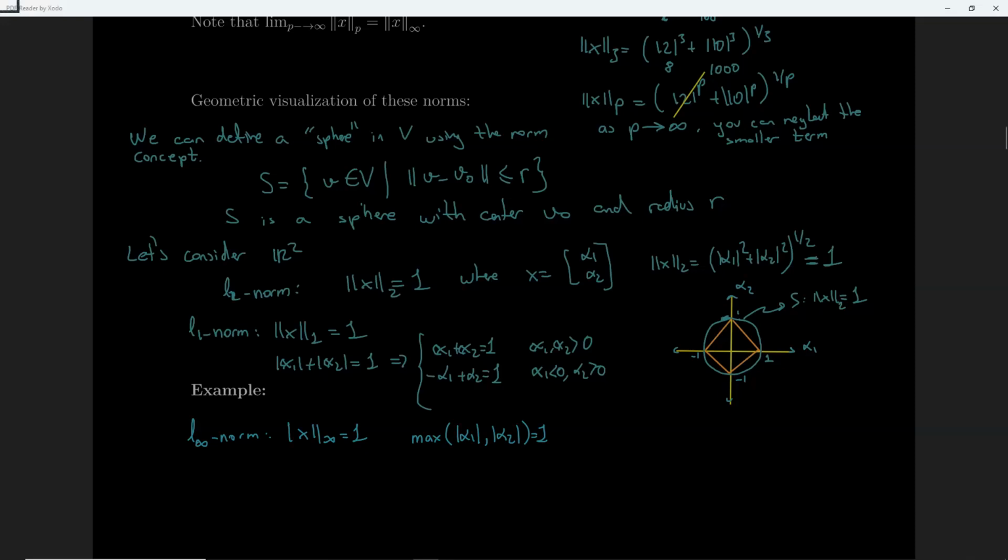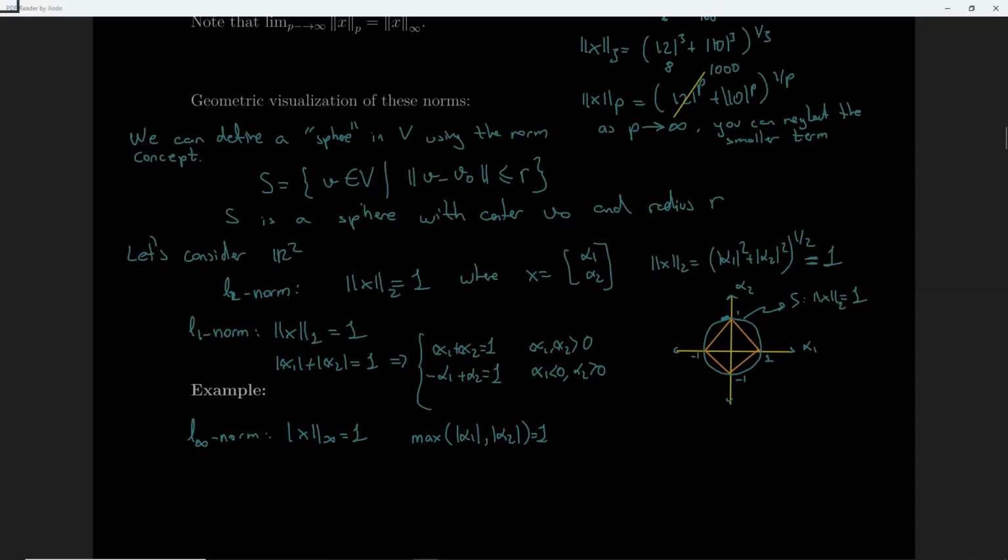So this is satisfied when either alpha 1 or alpha 2, one of them, is equal to plus or minus 1, and the other value is changing between plus and minus 1. Okay, so then this maximum value is going to be 1. So I can show you maybe in that sense. For example, consider this line over there.